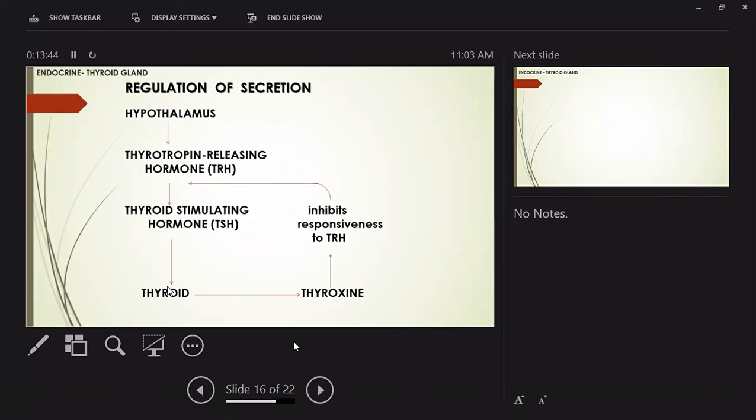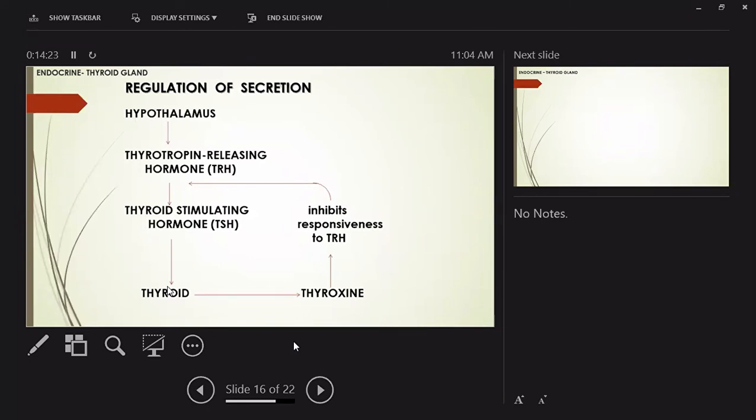If your hormone is needed by the body, for example, the cell will pinch off a colloid from the colloidal area and bring it inside, and the lysosomal enzymes will act on it, and then the deiodinase enzymes. Deiodinase acts on the MIT and the DIT, because the T3 and T4 will be released to the outside, to the blood.